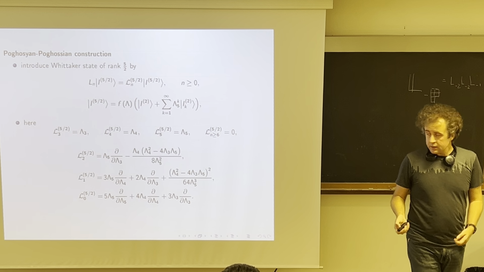And actually, Pogosyan and Pogosyan did this construction only for rank 5/2. But one can actually write explicit formulas for any half integer rank.